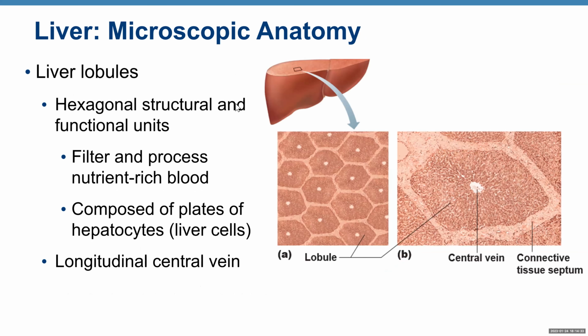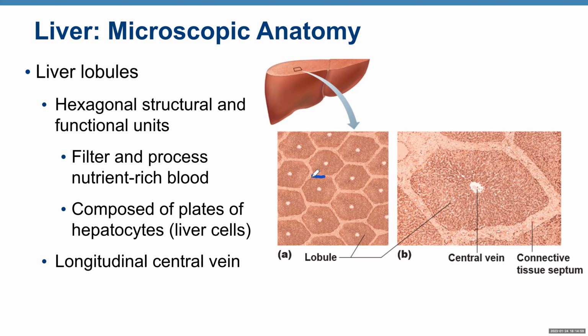Microscopic anatomy of the liver. Now, we just described 4 lobes of the liver: right lobe, left lobe, caudate, quadrate. Those are large macroscopic structures. But on a microscopic level, the liver is divided into liver lobules. They are hexagonal structural and functional units.